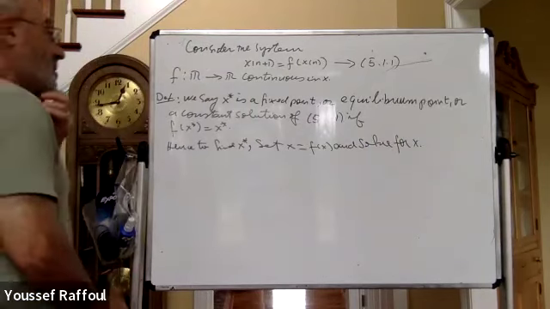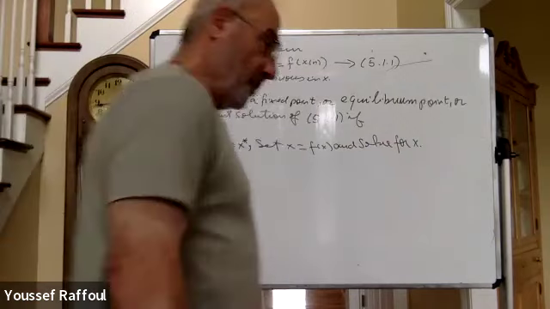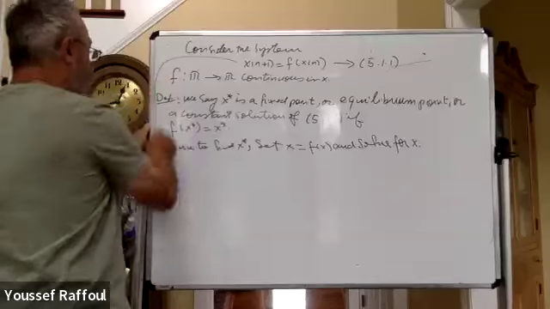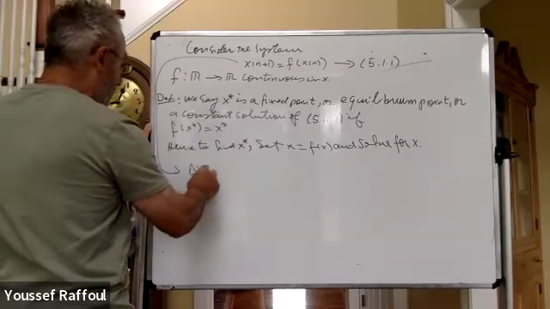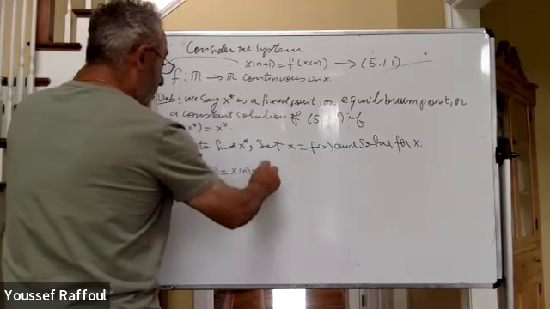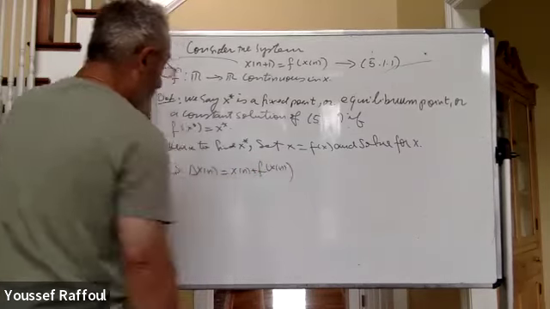Now, what does this constant solution mean? Let's take a look at this. This can be written as del x(n) equal minus x(n) plus f of x(n).